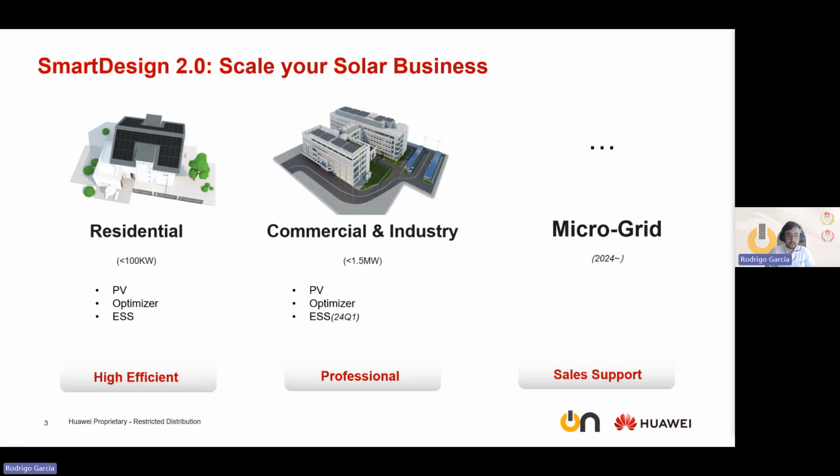So depending on what you want to design, Smart Design will help you out overseeing each of these three steps: the PV, the optimizers, and the ESS. For the microgrid, this is something that is still in development.